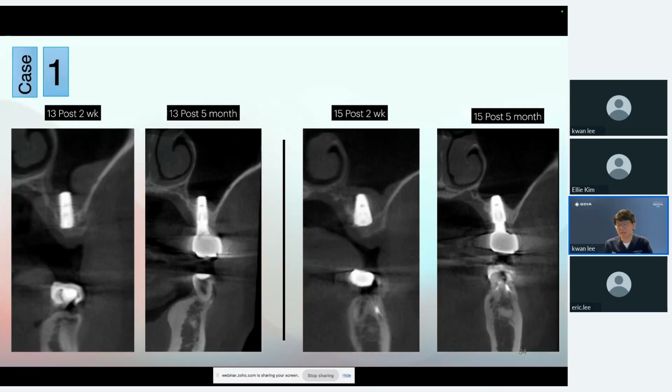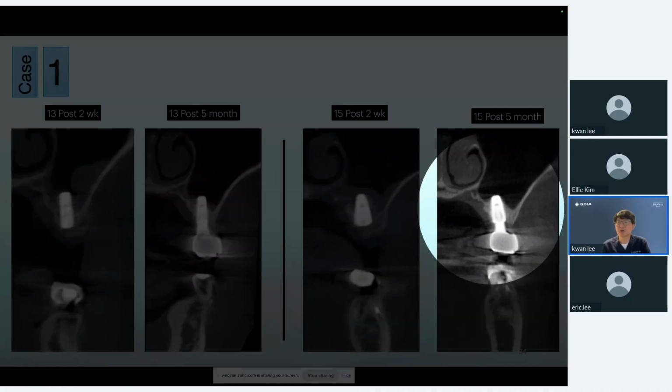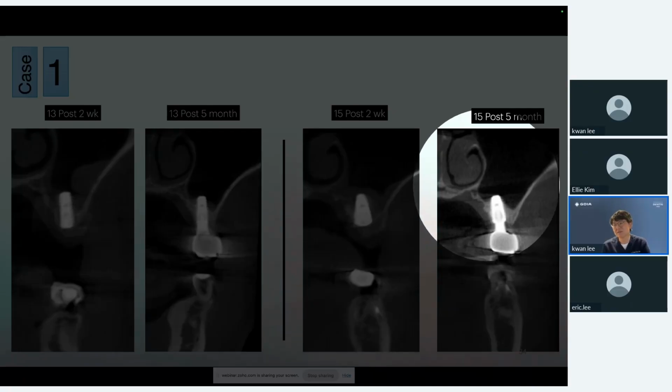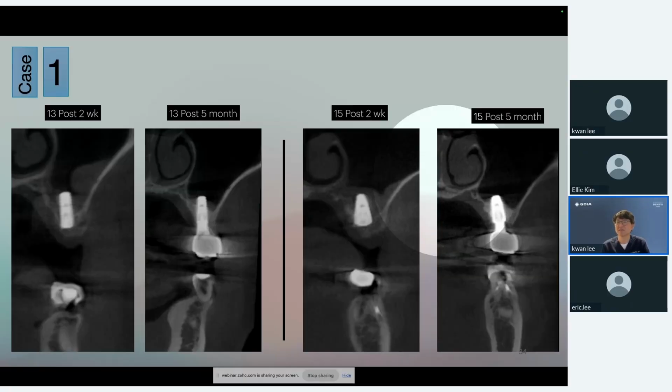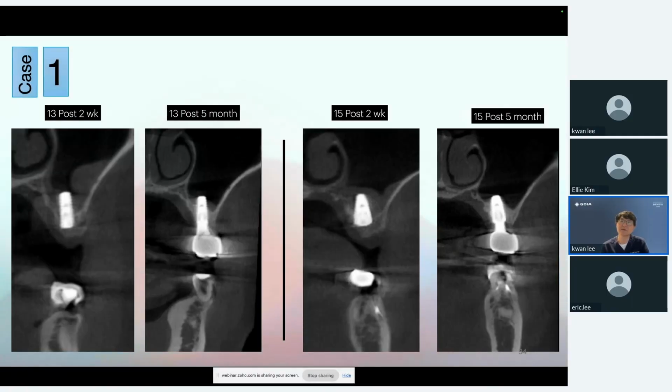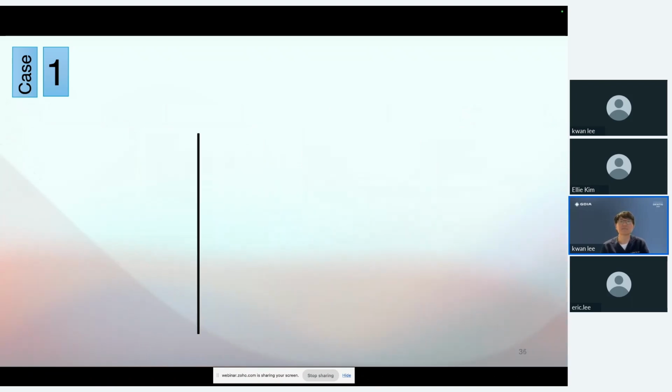The implant I placed was about 12 millimeters in length. Considering the 12 millimeters, I was able to get a good amount of crestal sinus augmentation, probably 8, maybe 10. So that's very stable. That's one of the cases where I can use this type of method.